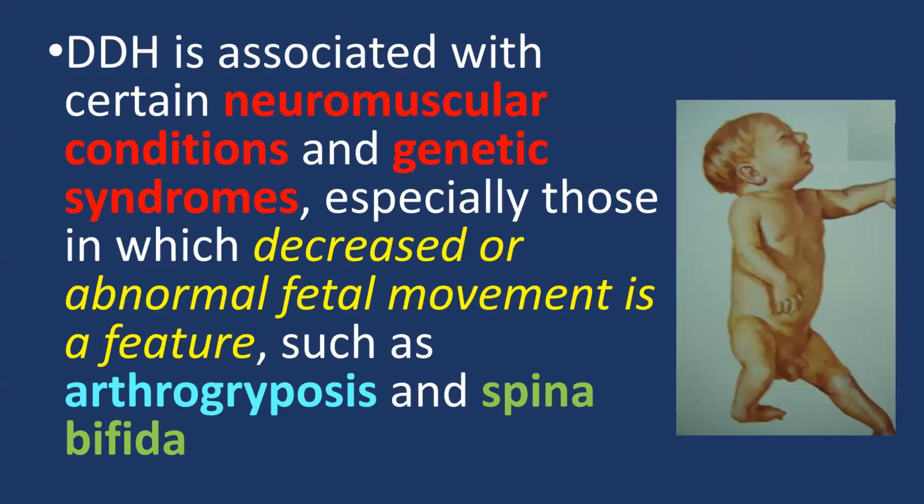DDH is associated with certain neuromuscular conditions and genetic syndromes, especially those in which decreased or abnormal fetal movement is a feature, such as arthrogryposis اللي حكيتكم عنها and spina bifida. طلعوا بالصورة على اليمين.